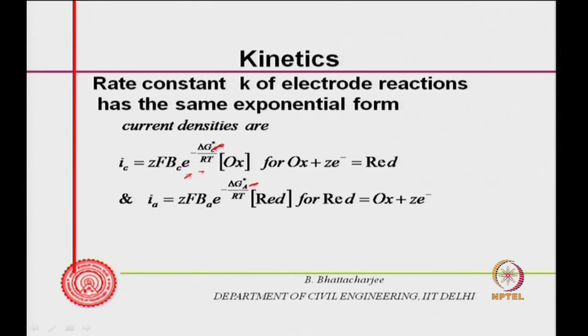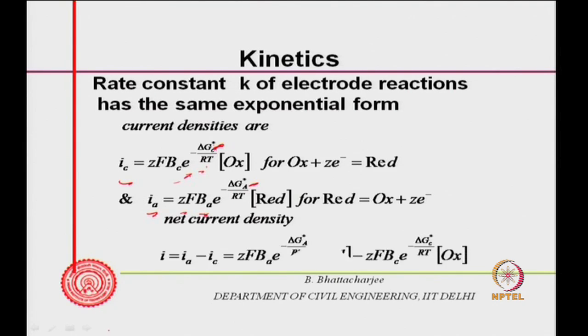So IA and IC can be replaced like this: ZF, some constant, into e to the power of the activation energy divided by RT. The net current will be the difference between these two, and one can write it like this. The net current at the electrode, if I am applying current, will be given by this.